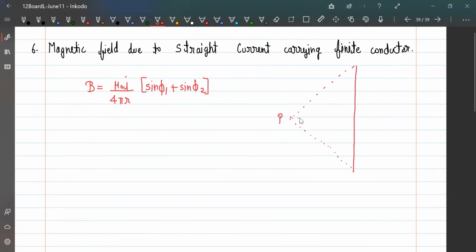Is this phi 1 and phi 2? Yes, the angle between the point and the line joining the perpendicular. And this shortest distance is r.